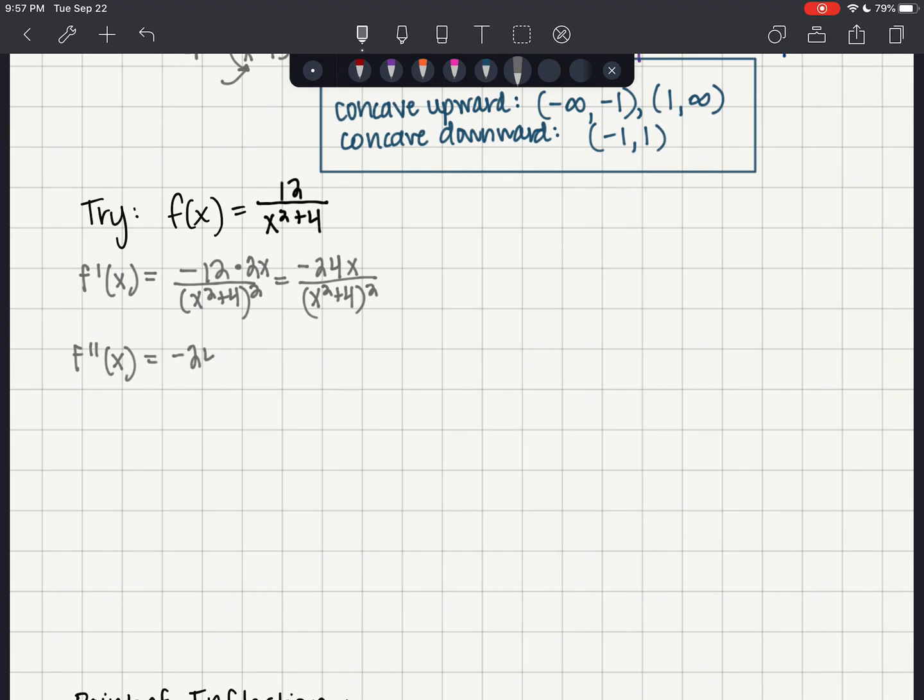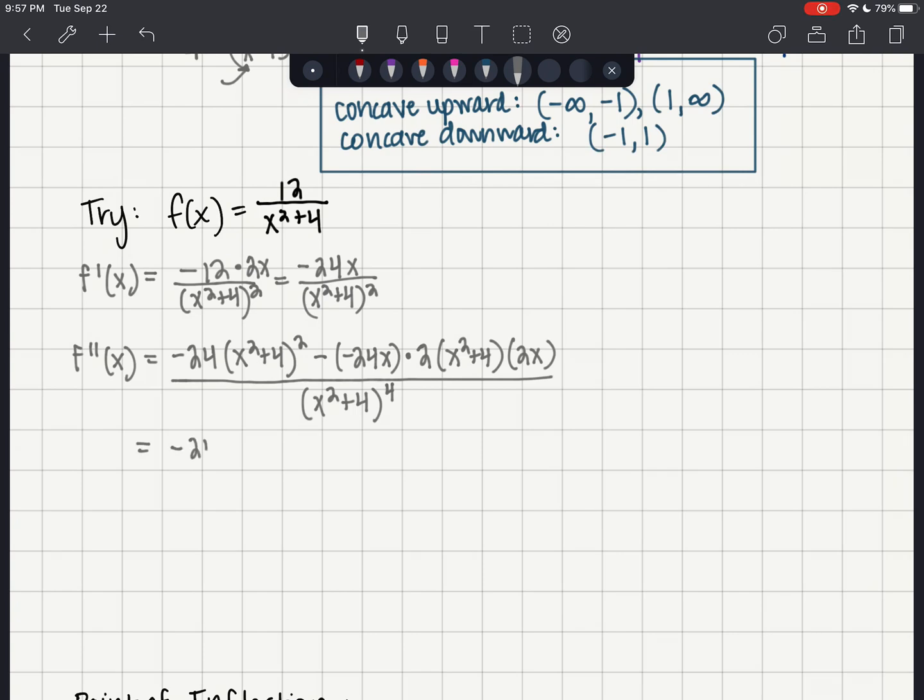So the derivative of the numerator times the denominator minus the numerator times the derivative of the denominator, which is your chain rule, all over the denominator squared. And squared squared would be the fourth power.